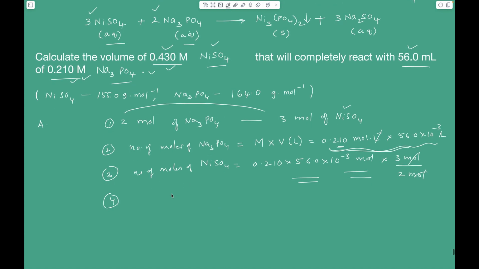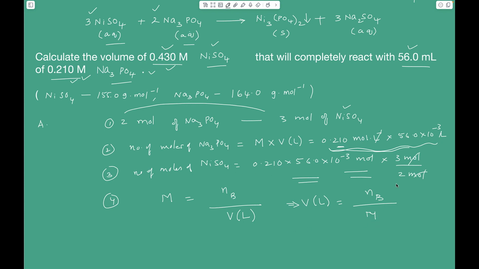How do you do that? Molarity is the ratio between the number of moles of solute or the amount of substance of solute and the volume of the solution in liters. If you want to find out the volume of the solution needed in liters, divide the amount of substance or number of moles with its molarity, right?